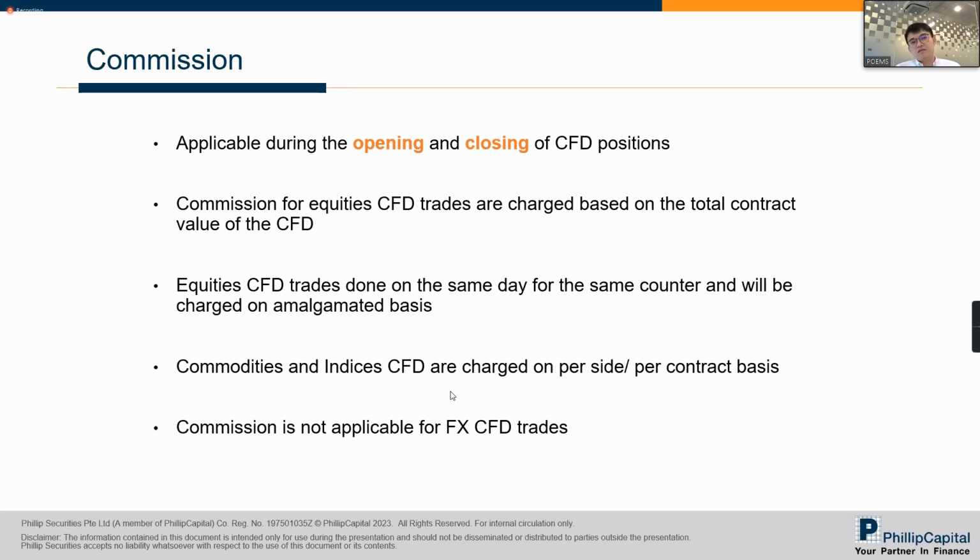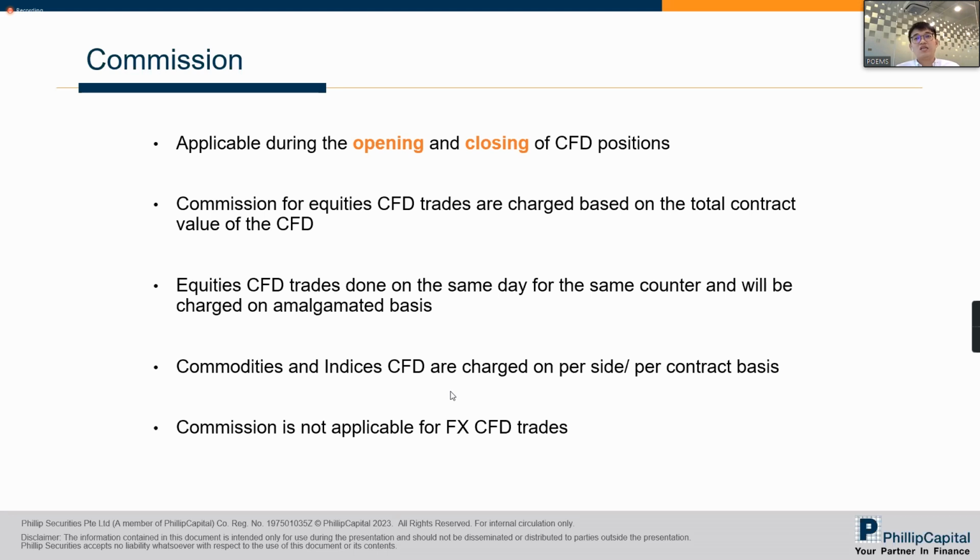Just to explain further, amalgamated basis means that, for example, if you trade a DBS share today, you buy 1,000 this morning, and at 2 p.m. you buy another 1,000. All the direction is the same, it's a buy order and it's the same counter. You will be charged on an amalgamated basis.